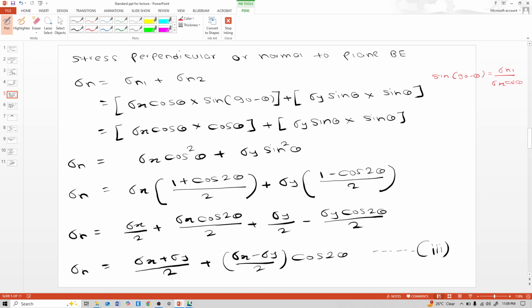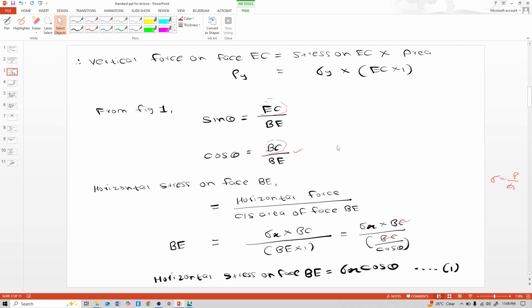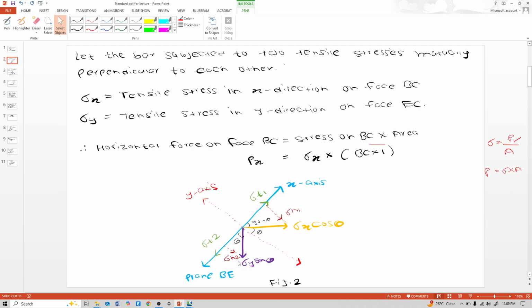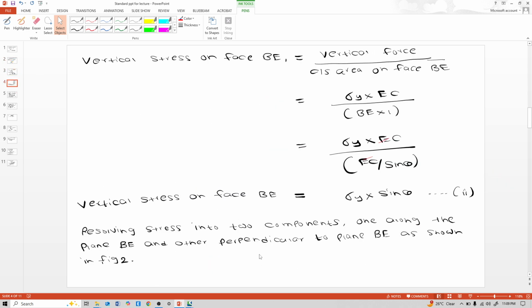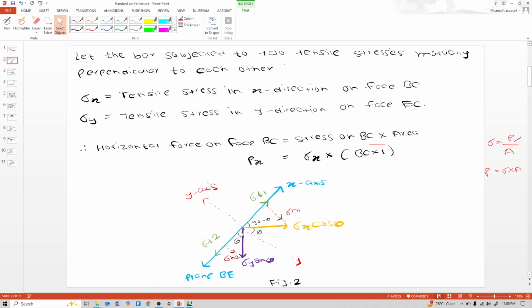Therefore sigma n1 is equal to sine of 90 minus theta multiplied by sigma x cos theta. And the normal stress sigma n2: sin theta is equal to opposite side upon hypotenuse, where the opposite side is sigma n2 and the hypotenuse is sigma y sin theta.